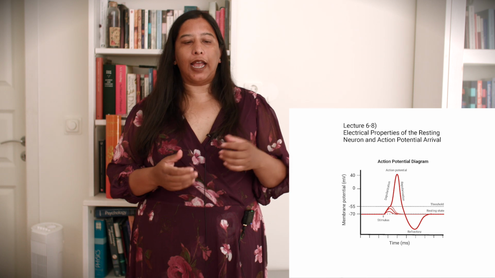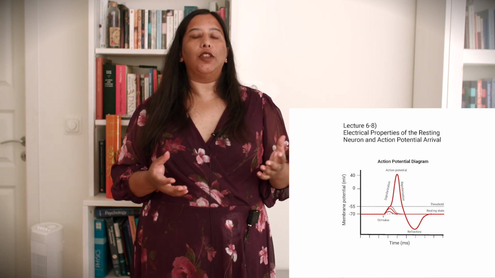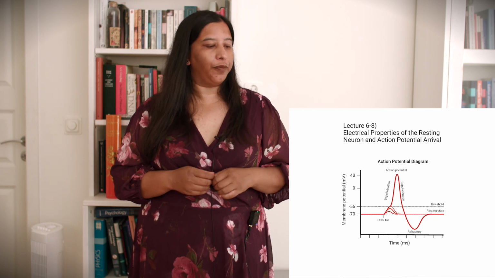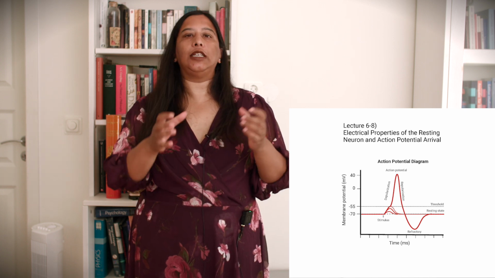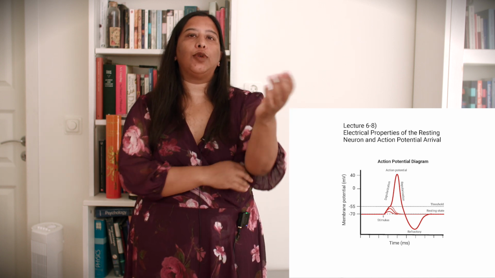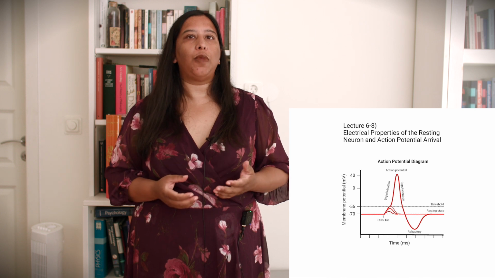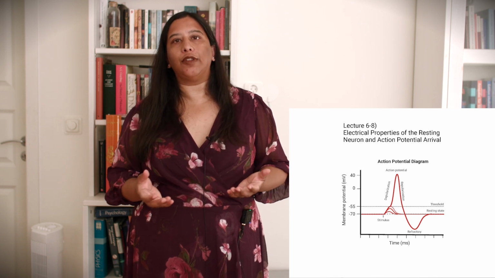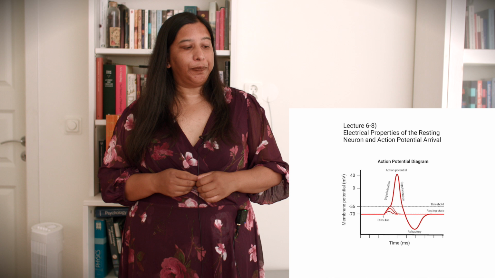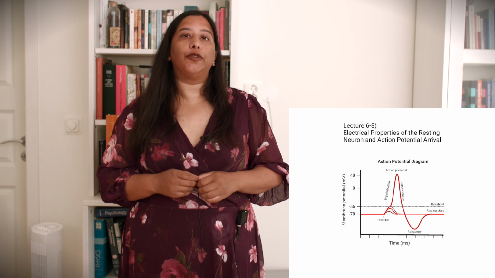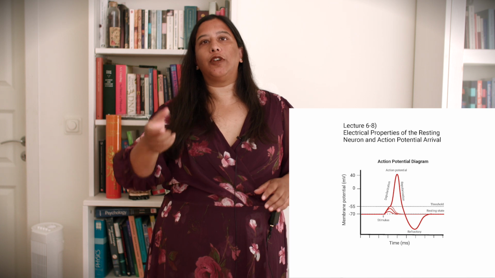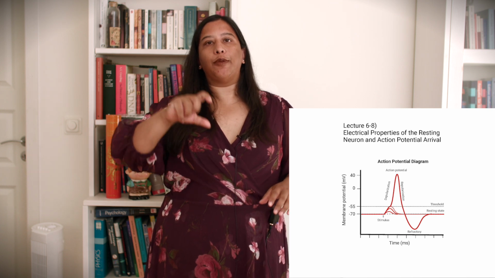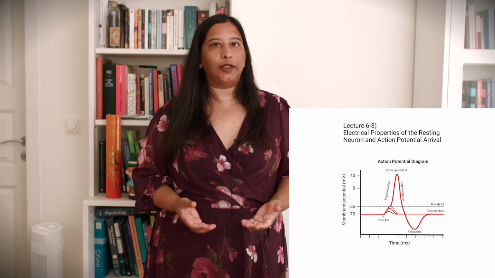But before the action potential comes in, the neuron will occupy a more resting state. It will be at its resting membrane potential and be defined by its passive electrical properties. So the first question we ask ourselves is why is there voltage over the plasma membrane in the first place?